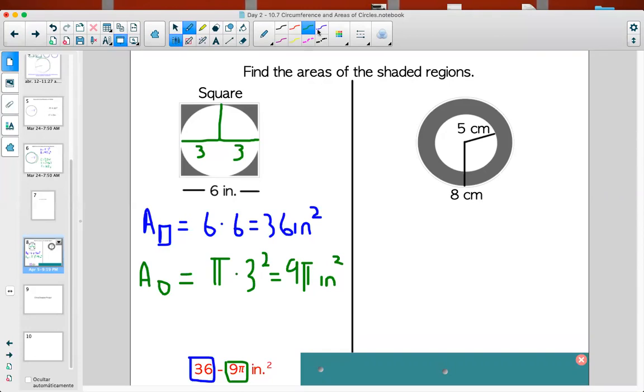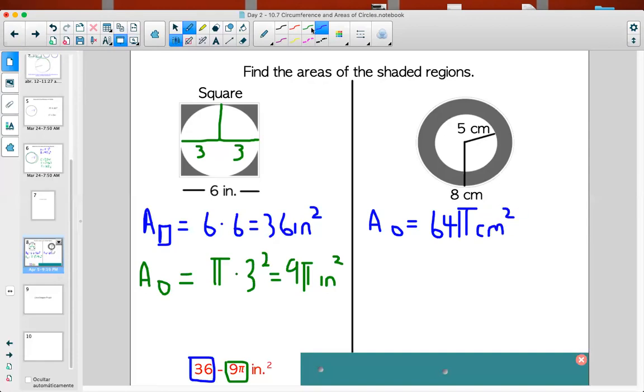Okay, the game plan for this one is we are going to find the area of the big circle. So we're going to find the area of the circle, and that's going to be, remember, pi r squared, and that's going to be 64 pi centimeters squared.